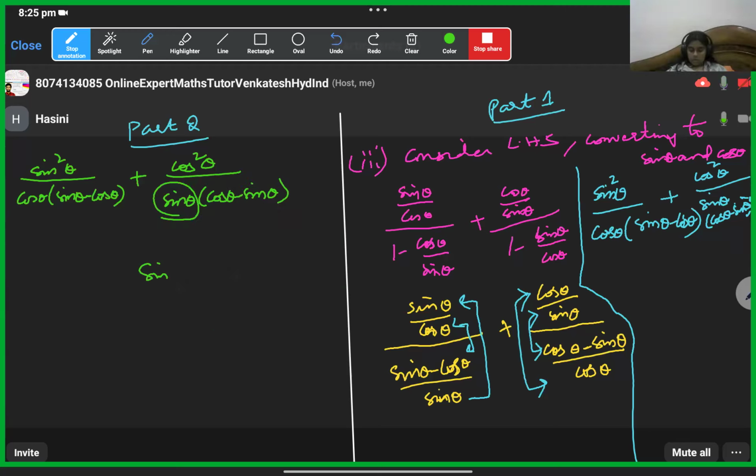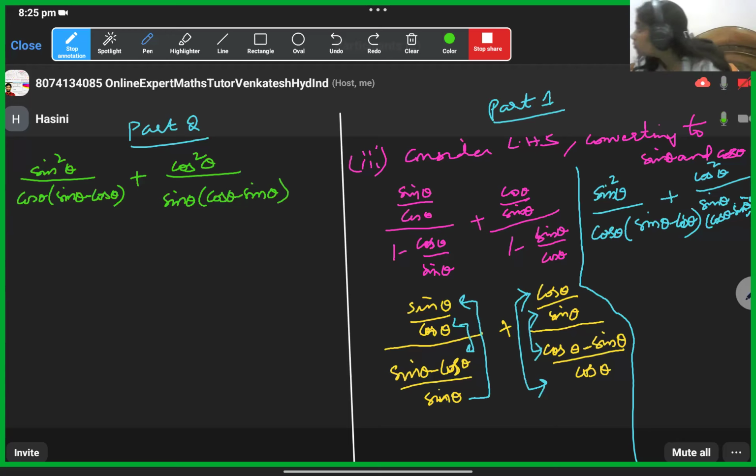So now what I'm doing is sin square theta by. Since you understood, Hasni, shall I directly write here minus sin theta? I am not writing 1, because 1 into sin theta means minus 1 into sin theta, minus sin theta.